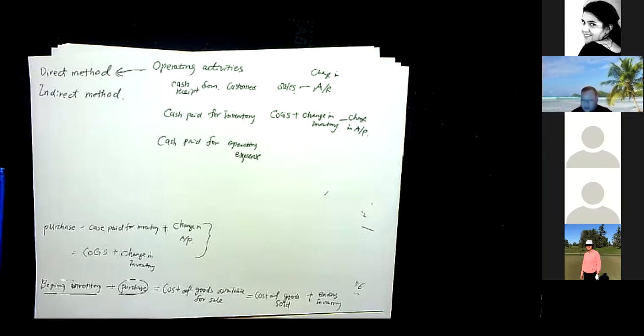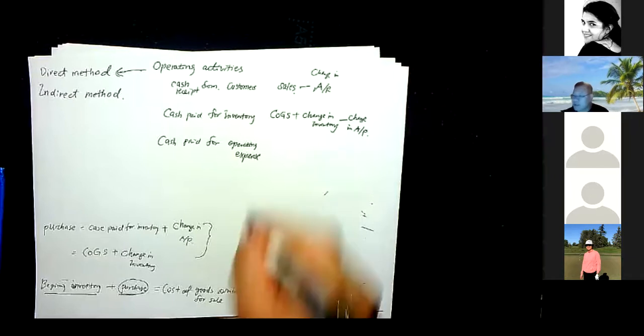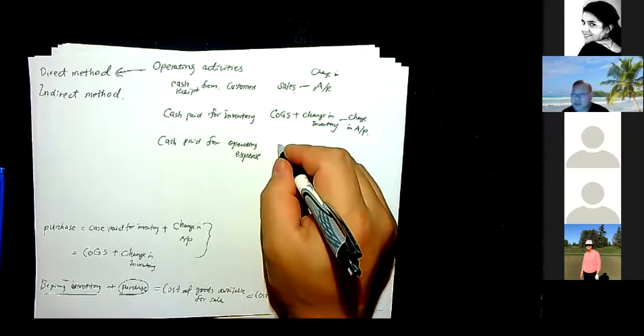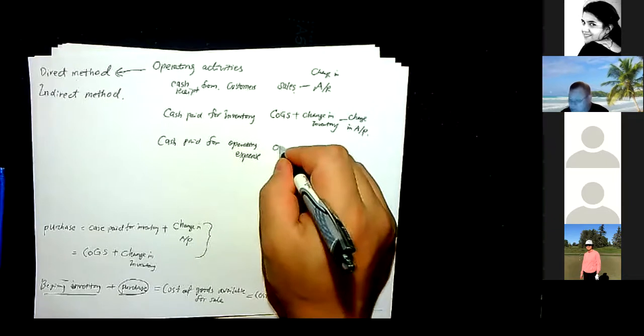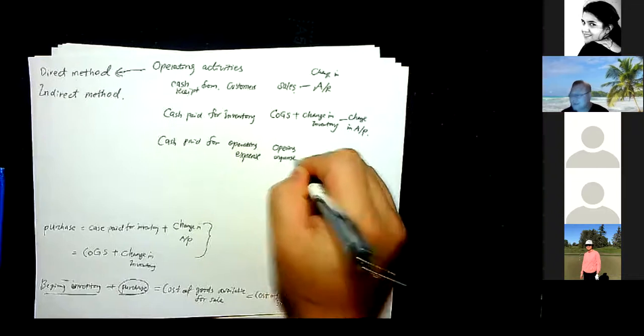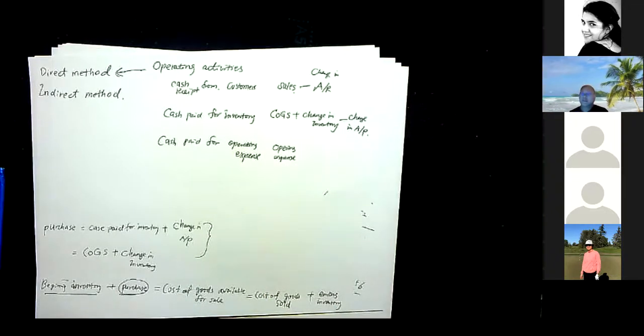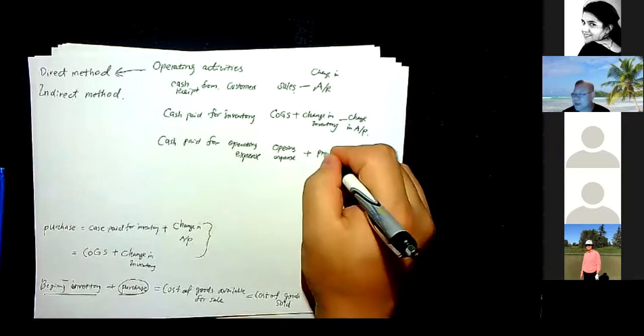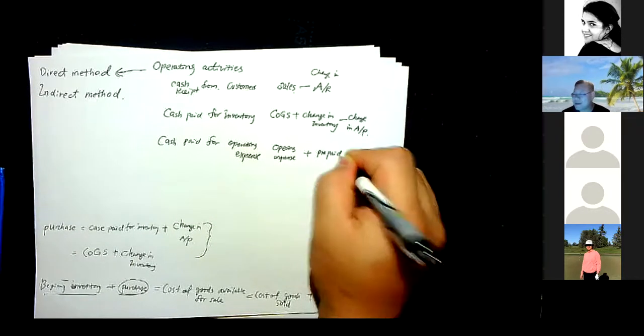Now, what is the cash paid for operating expenses? Then you have operating expenses, plus if you prepaid, right? So it's more than the operating expenses for the current year, you paid more cash. You add the change in prepaid expenses.